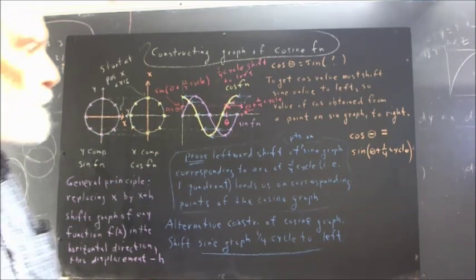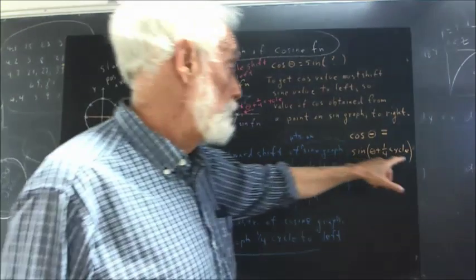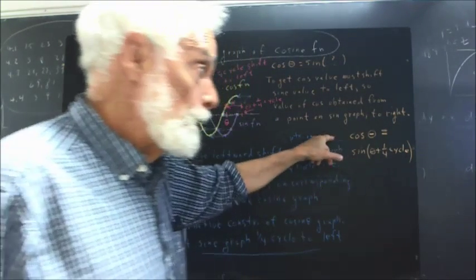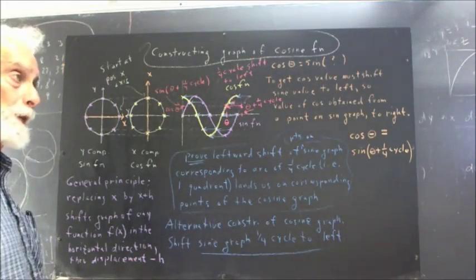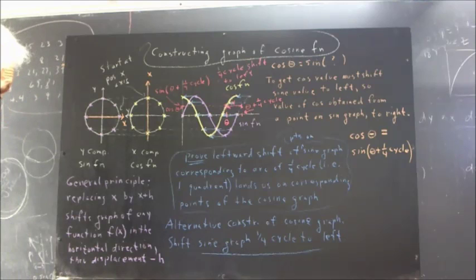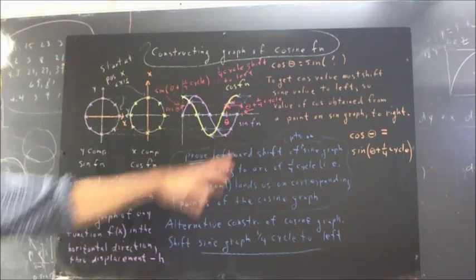If we replace theta in our sine theta function by theta plus a quarter cycle, we get the values of the cosine function, which is shifted a quarter of a cycle to the left. And that's something you really ought to ponder if you really want to understand graphs and understand this in a way that you'll understand 10 years from now, in a way that's much preferable to memorizing a formula, which is real easy to confuse. Okay, so right there is the rule, but there's the reason for the rule.